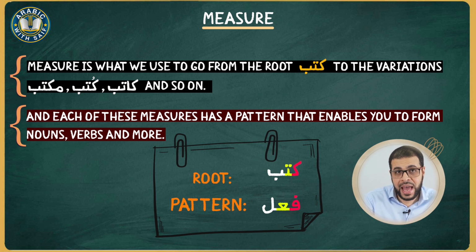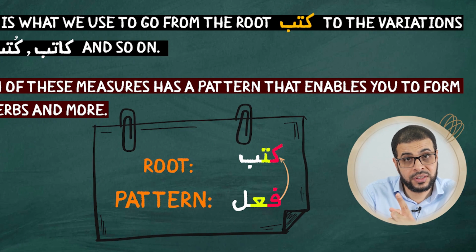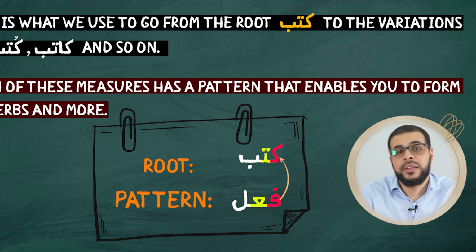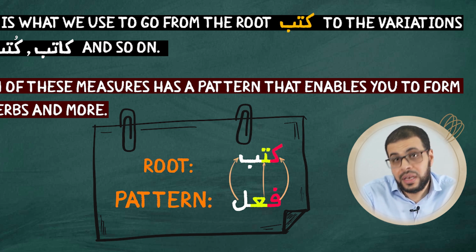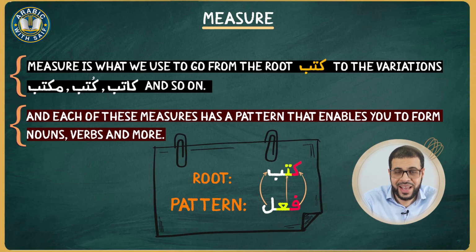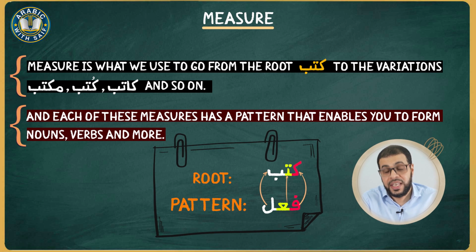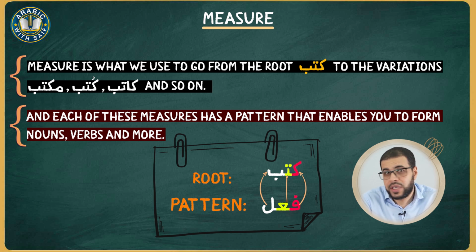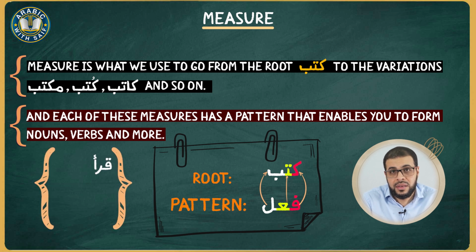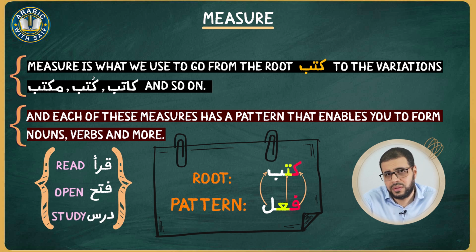فعل: fa refers to the first letter of the root, ain represents the second letter of the root, and lam stands for the third letter. So كتب has the same pattern, or the same wazn, of فعل, and many verbs can follow the same pattern فعل, such as قرأ, read, فتح, open, درس, study, and so on.